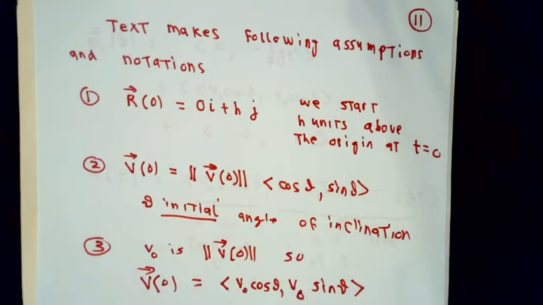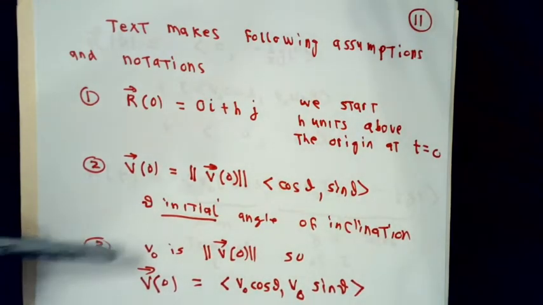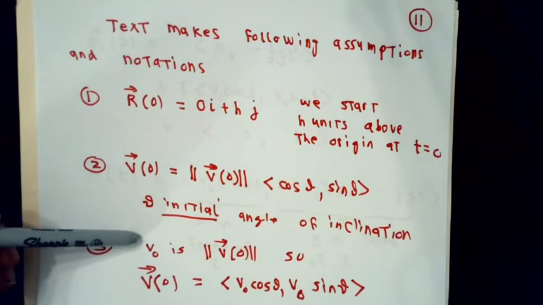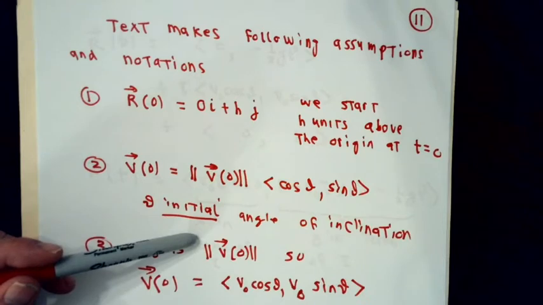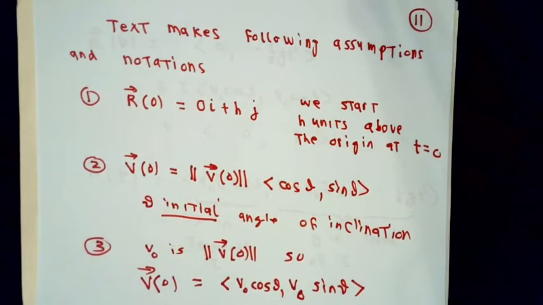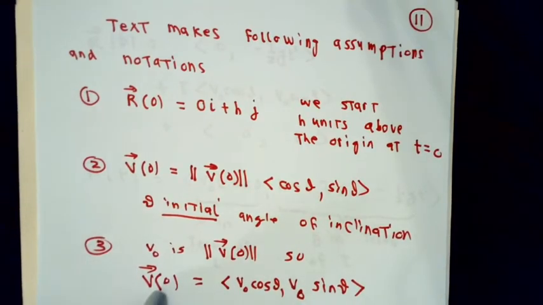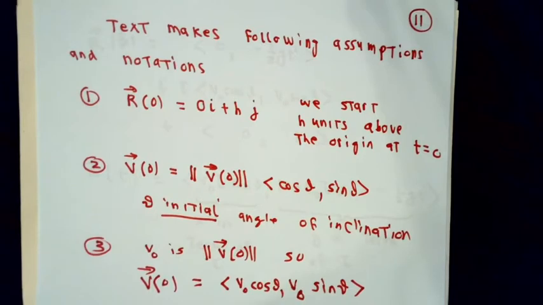It's the initial angle of inclination of the object. Thirdly, they adopt a notation where v with a subscript 0, no arrow, is the magnitude of the velocity vector at time t equals 0. Using these notations, the initial velocity vector is, in the first position, the initial speed times cosine theta, and in the second, the initial speed times sine theta.